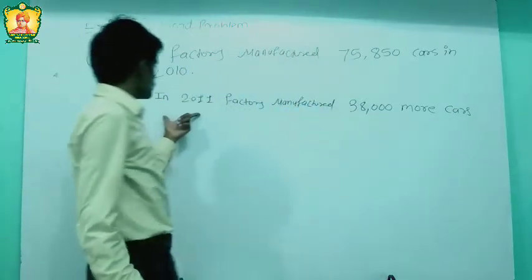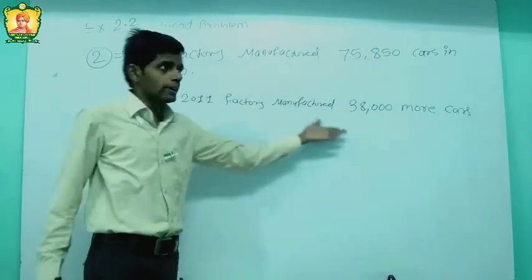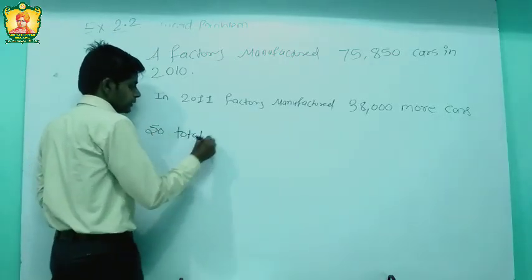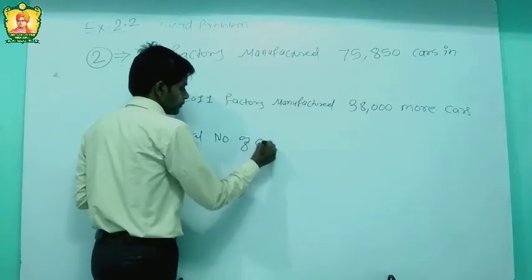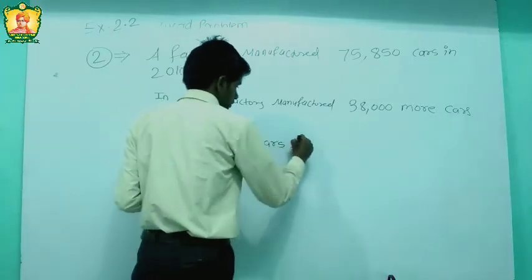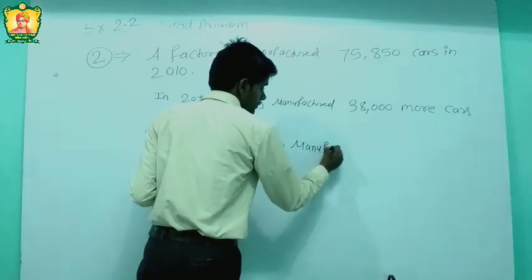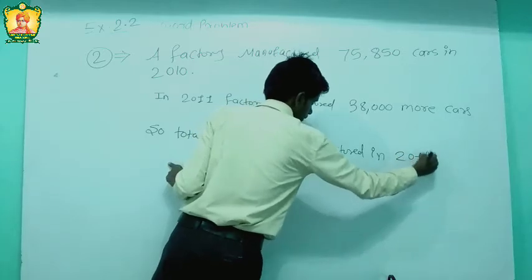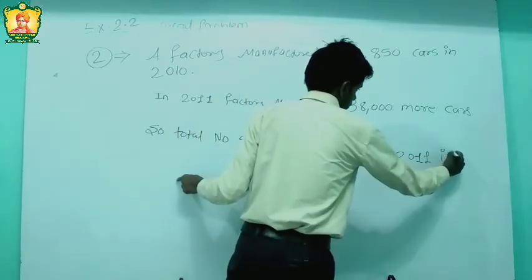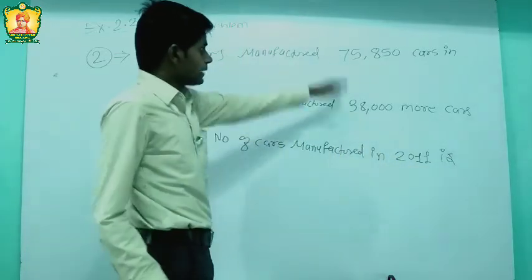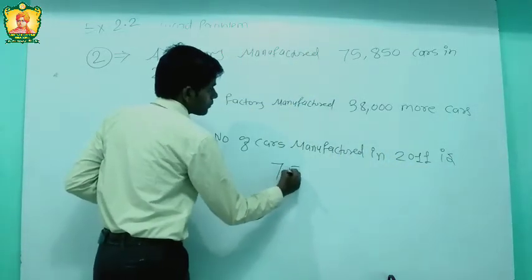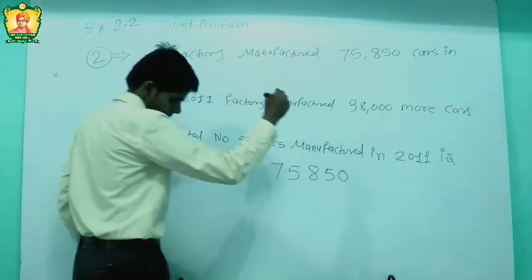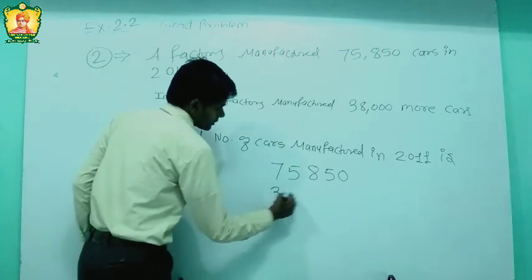So in 2011, 38,000 more cars were made. So the total number of cars manufactured in 2011 is, add these two numbers, 75850 and 38,000.